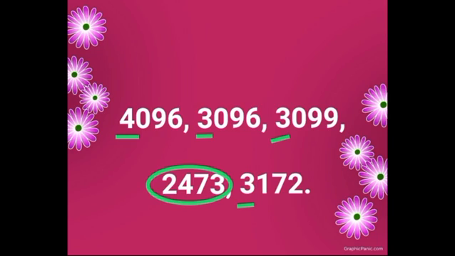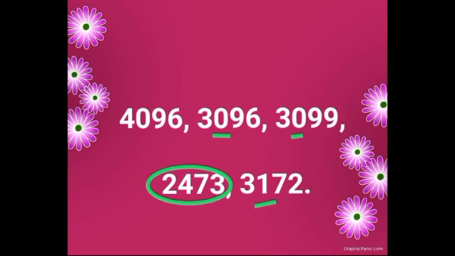Let's see the remaining 4 numbers. Which is the smaller number in the thousands place? Yes, 3. But there are 3 threes in the thousands place. So, we will compare the numbers in the hundreds place. Which number is smaller in the hundreds place? Yes, 0.